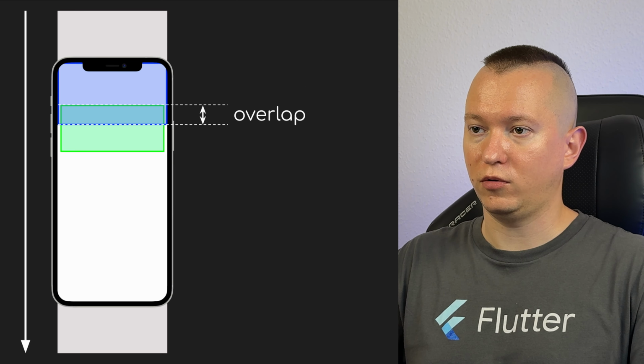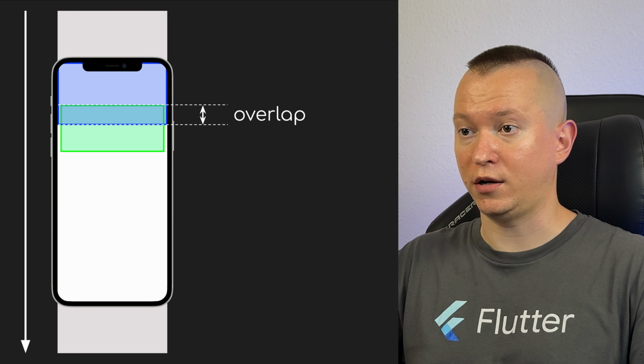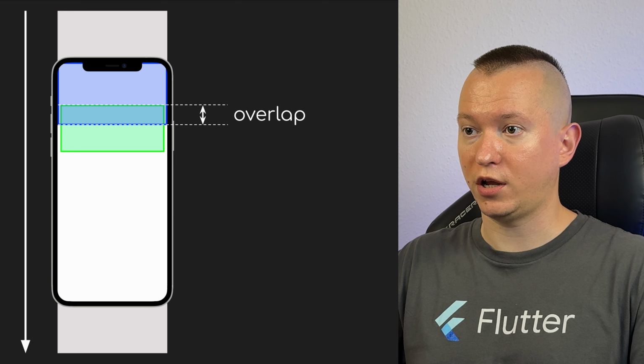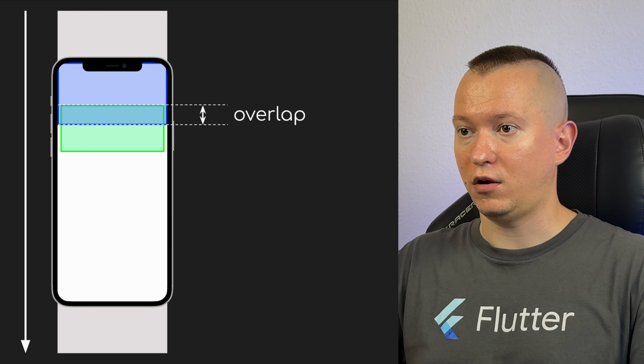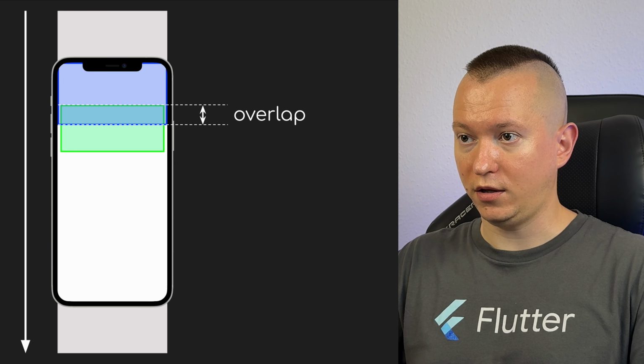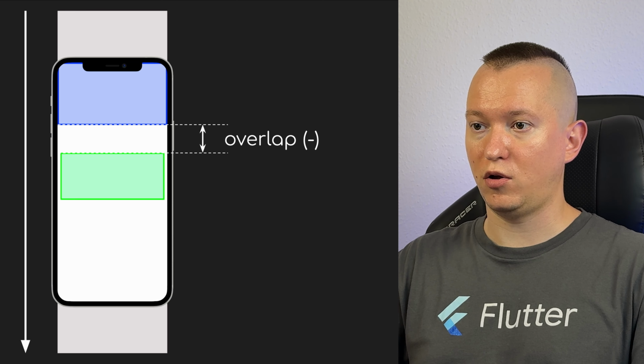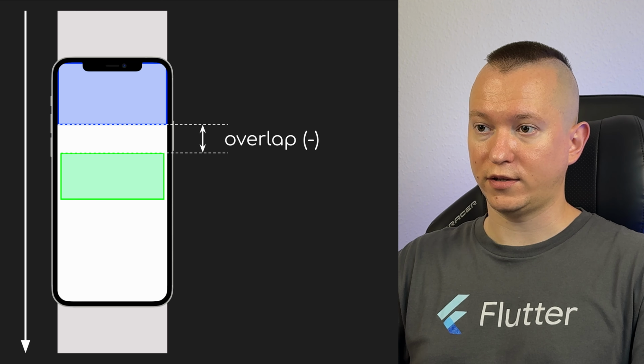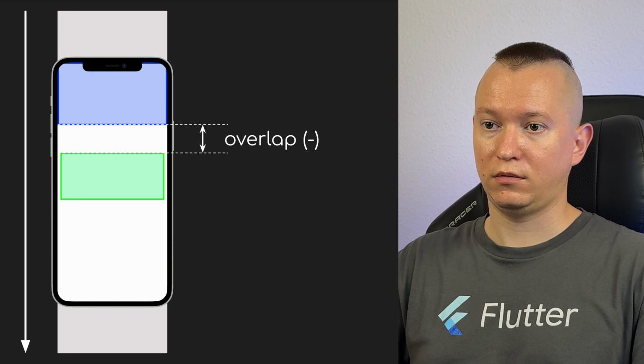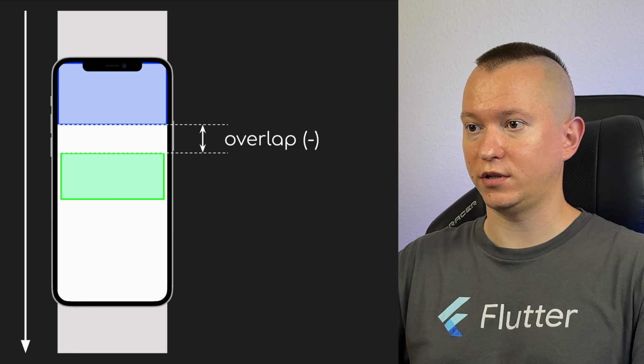If we continue to scroll, the bar continues to grow and partially covers this green sliver, and overlap will continue to exist. And if our physics behavior allows us to move one sliver away from another, like Cupertino scroll physics for example, overlap can be negative.